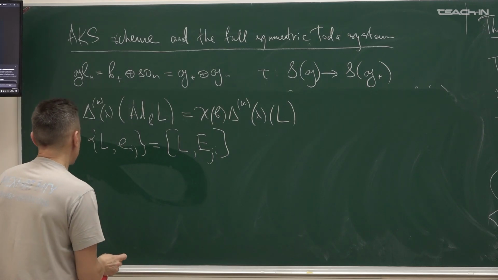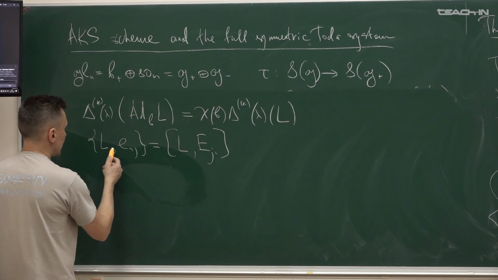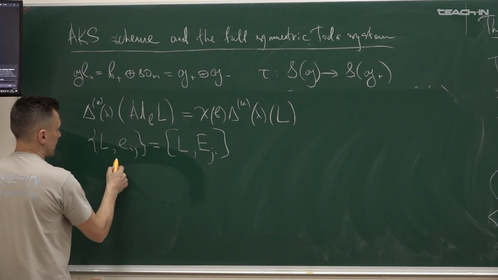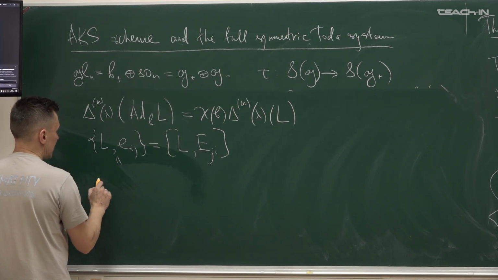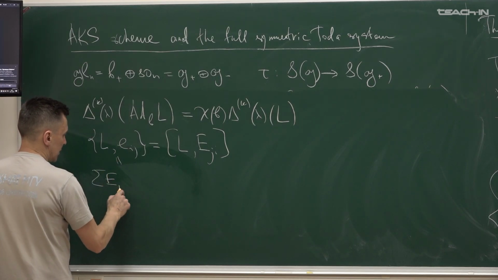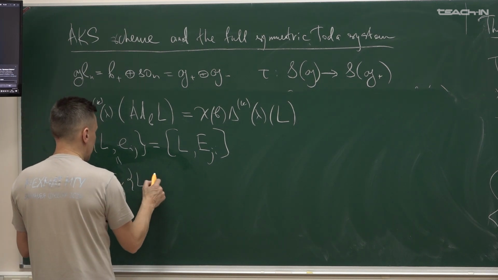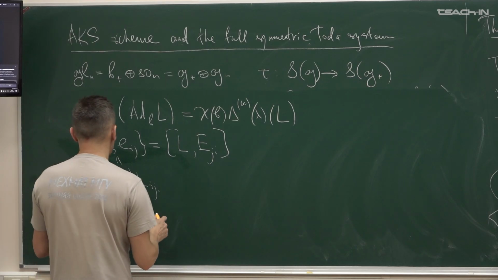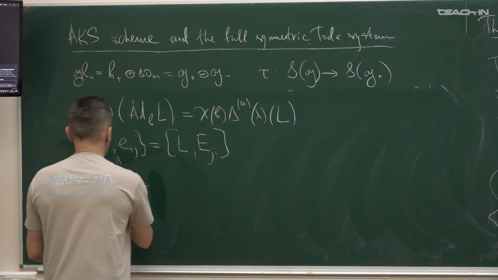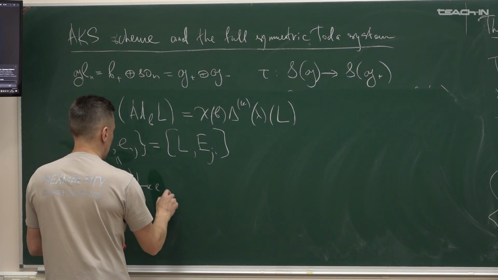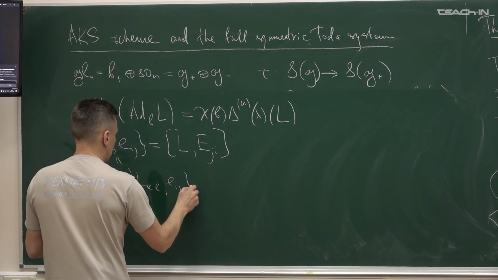What is written here? Here I calculated the matrix, which is the sum of matrix units with the Poisson bracket.